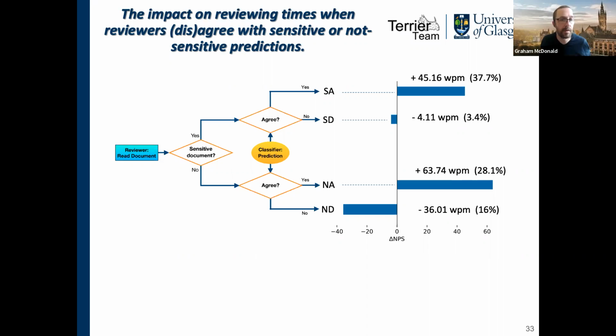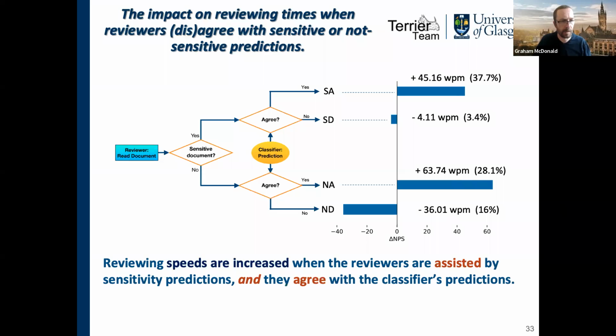But overall, we find that it amounts to an overall increase in the reviewing speed. So that just says, when they agree, it works great. We need to maybe have a look to see when to provide predictions, so if they're disagreeing with the classifier, maybe we need to look at when we should be giving these predictions. If they're likely to disagree with it, is it actually going to help them?